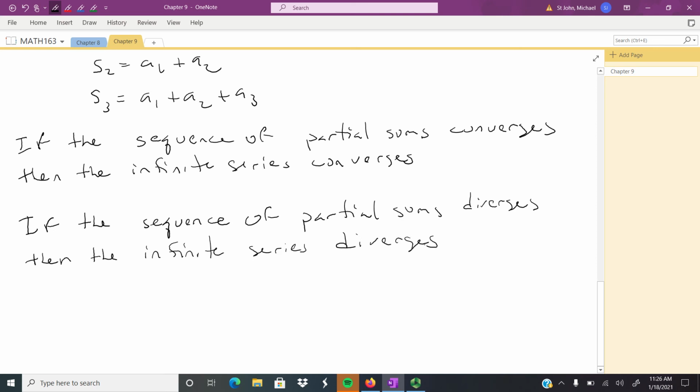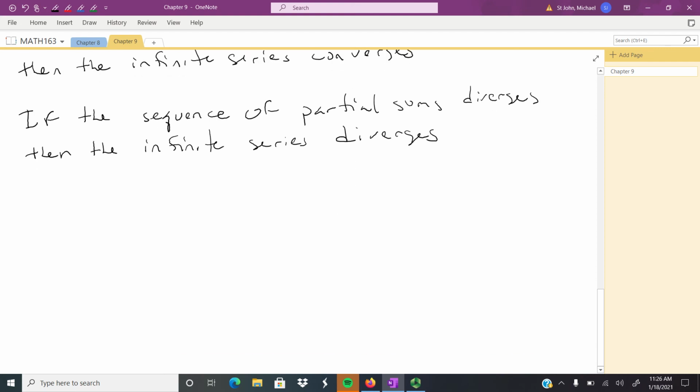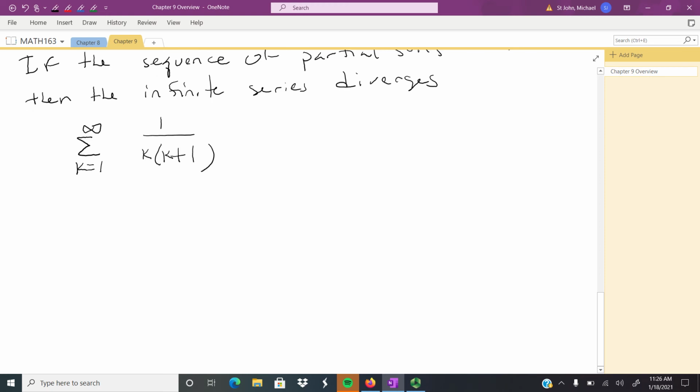So let's look at an example. So let's say I had this one. The sum from k equals 1 to infinity of 1 over k times k plus 1. So let's get some terms here.